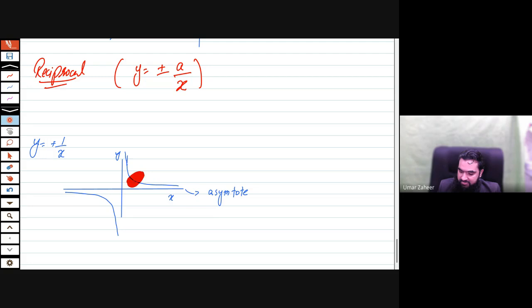And always remember, if they are reciprocal graphs, then they are making a symmetry. We have done the symmetry, right? The line of symmetry, the rotational symmetry. If you make the line here, y is equal to minus x, they are going to be making an exact reflection on the other side.